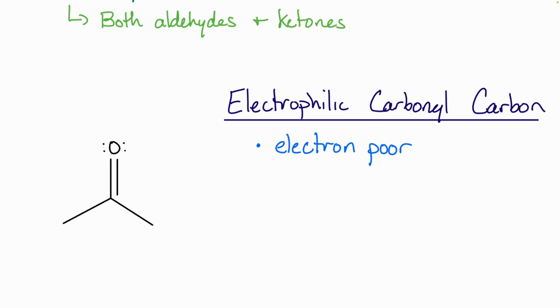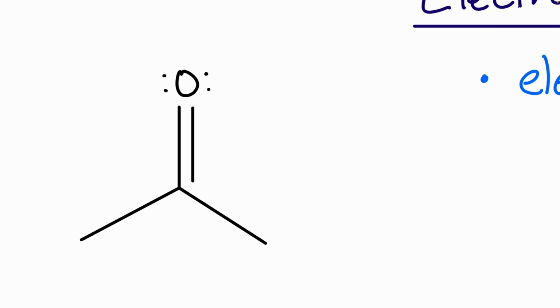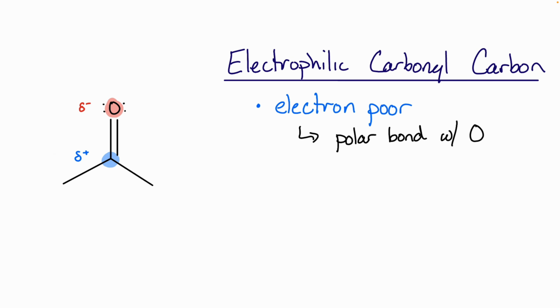And it's electron poor because it's in this polar bond with oxygen. If we looked at our electron density here, we would see that this carbon has very little electron density because this oxygen is pulling all that electron density onto itself. So step one, we have this electron poor carbon.